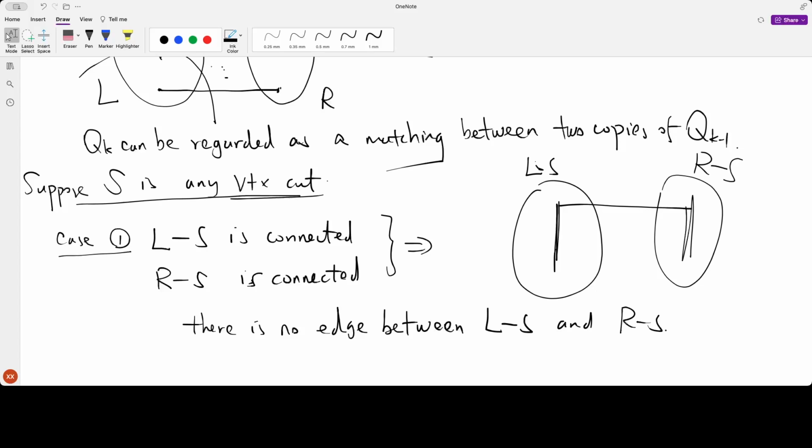A vertex cut will disconnect the whole graph, but it does not disconnect L, and did not disconnect R. The only way the vertex cut disconnects the whole graph is if there's no edge between them.